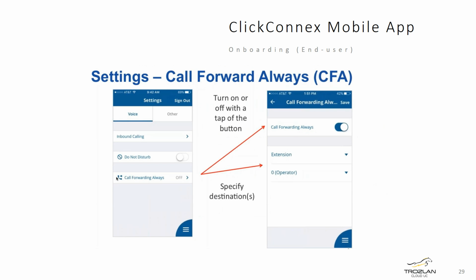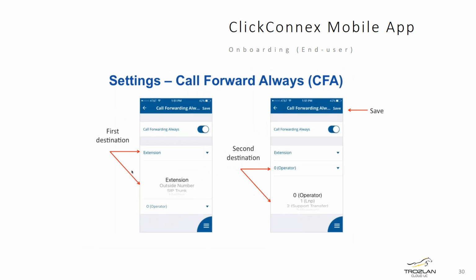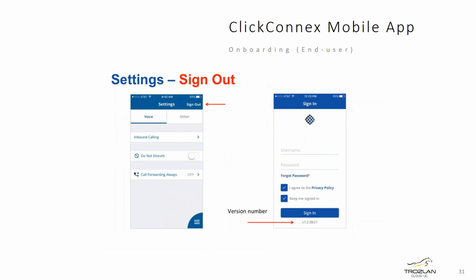For the first destination, you can select the extension you'd like, and if that line is busy, you may choose the operator number. You may sign out by going to settings and pressing the sign out button on the top right. And this will bring you to the sign in page.